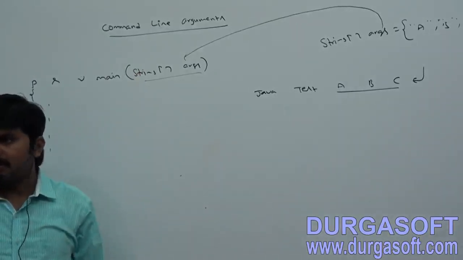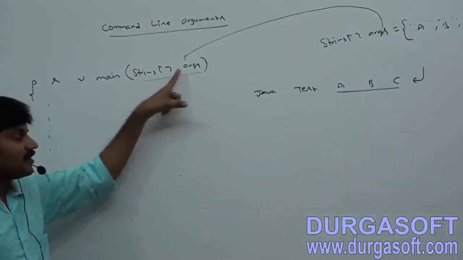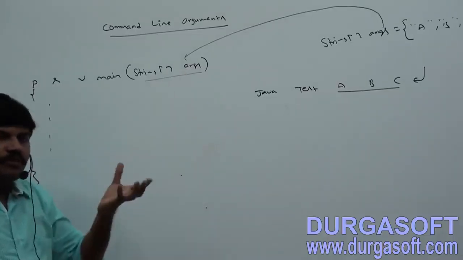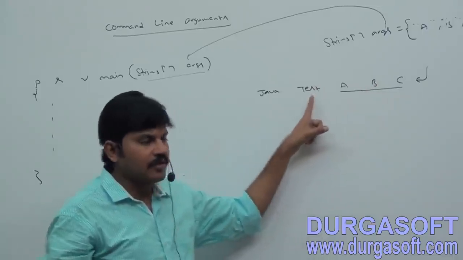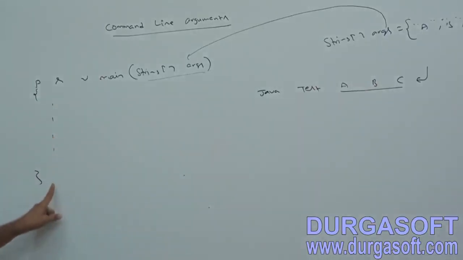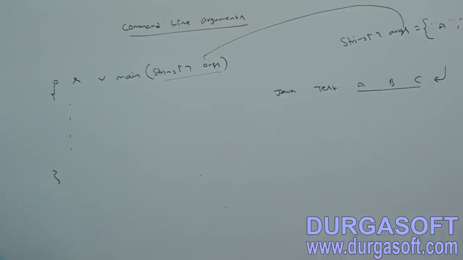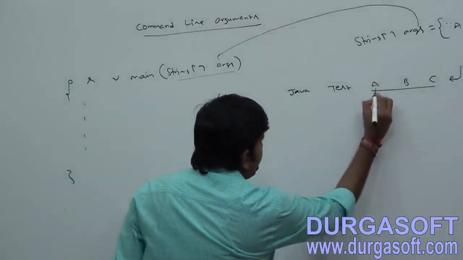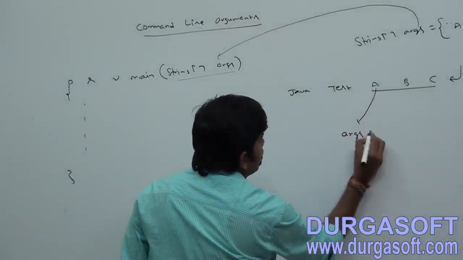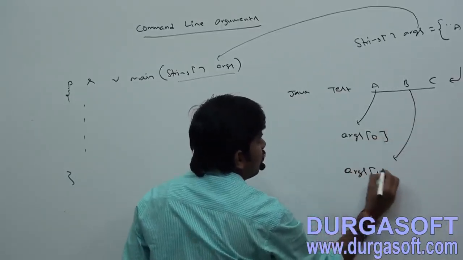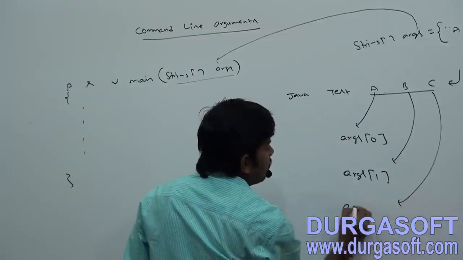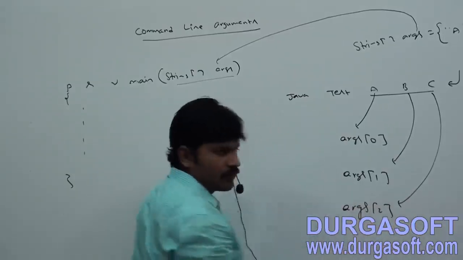Is it clear for all of you? So who is responsible to create this array? JVM. With what values? The values which we are passing from command prompt, right? Now within the main method, how can you differentiate these values? This A will become args[0], this B will become args[1], this C will become args[2].